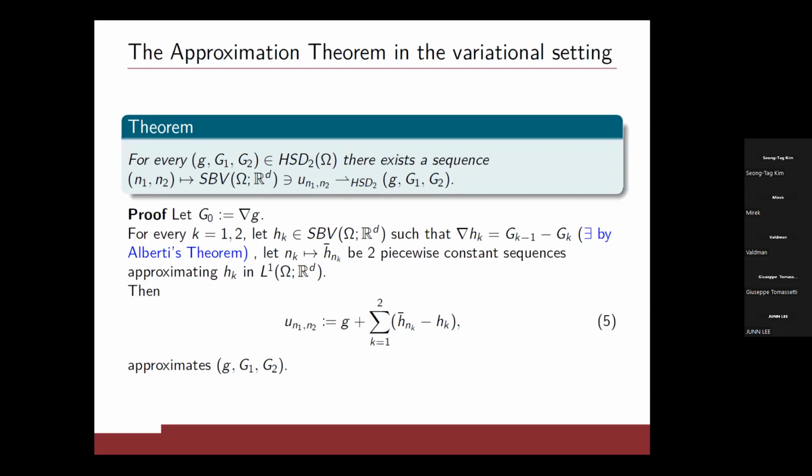The idea is essentially to apply repeatedly the same construction that I was doing for simple structured deformation. So essentially, considering applying Alberti's theorem to every difference, between ∇g and G1, and then between G2 and G1, with these fields H_k, and then a piecewise constant approximation of those.